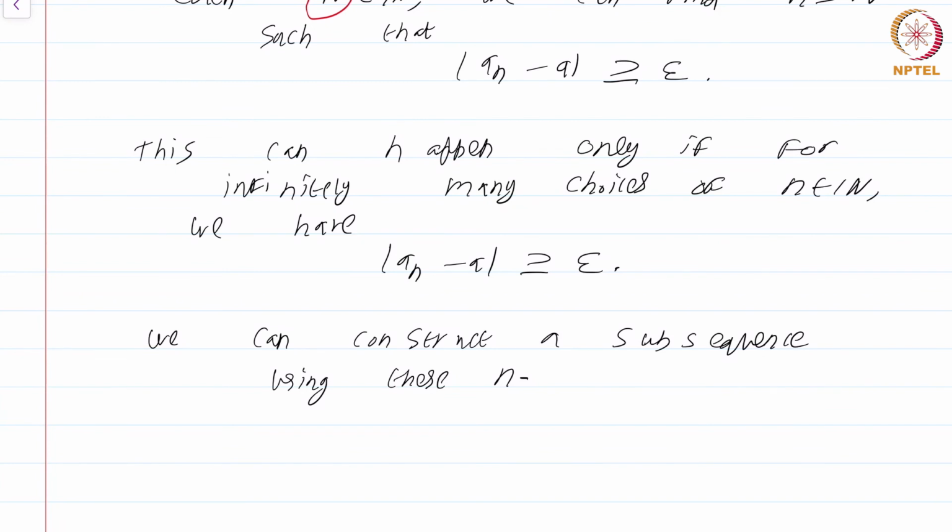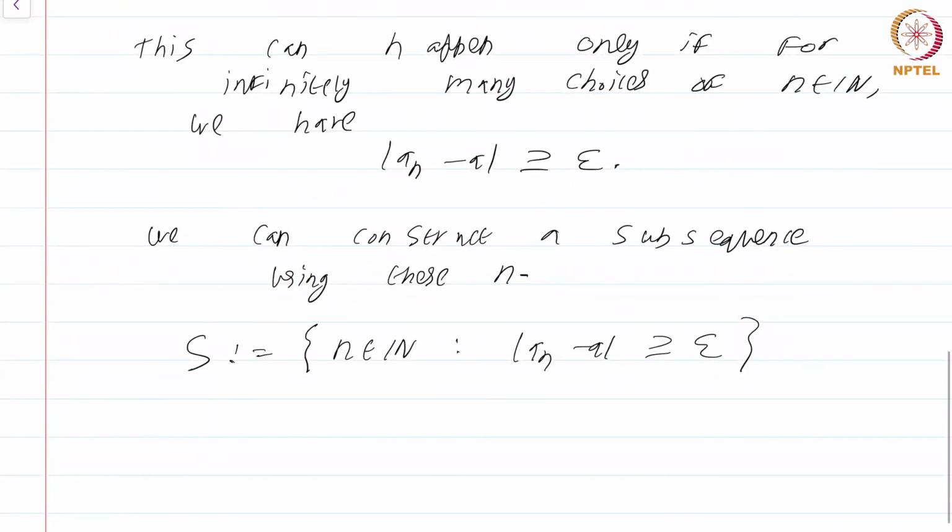Okay. Now, what you do is the following. First consider the set of n in the naturals such that mod a_n minus A is greater than or equal to epsilon. Let's call this set S. What we know is this is an infinite set. That's what I have asked you to prove. Okay.